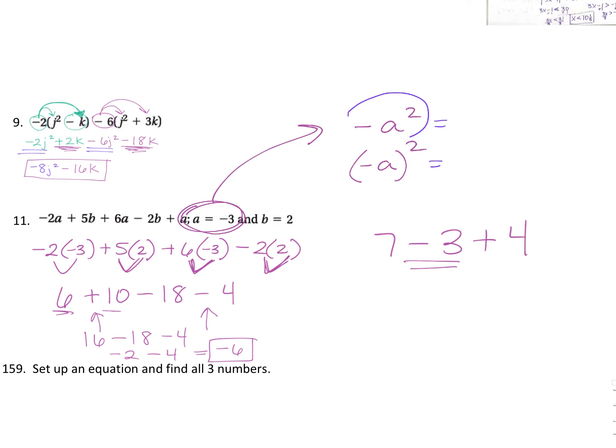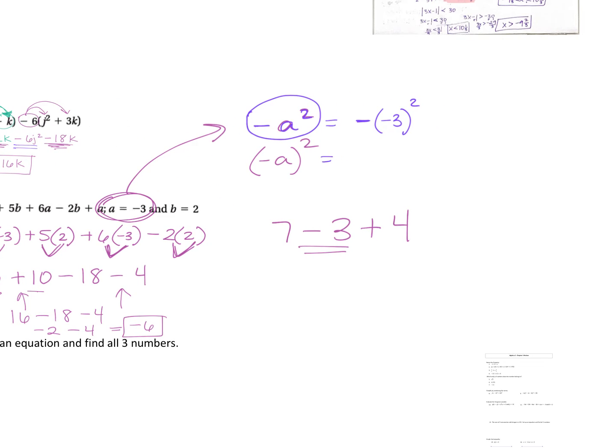If this is saying the opposite of A squared, right? Not in parentheses, what that means is the opposite of A squared. Well, A squared is 9, but we're taking the opposite. So this one equals -9. What does this one equal?